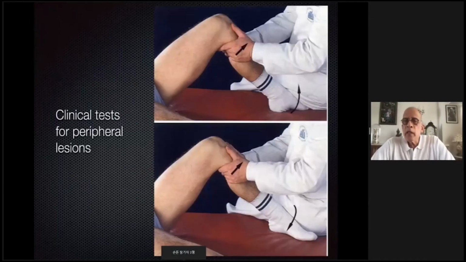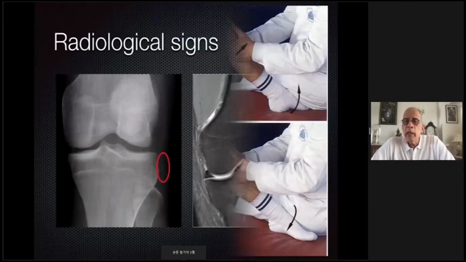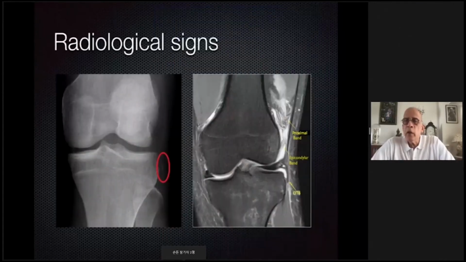The Drawers test, one of the oldest tests that has been described for ligament deficient knees, in fact described by Segond himself way back in the late 80s, and its variation should be used to assess the knee properly clinically besides the pivot shift. We also rely on radiological science, not just the MRIs, but plain X-rays as well, which may show you a Segond's sign.